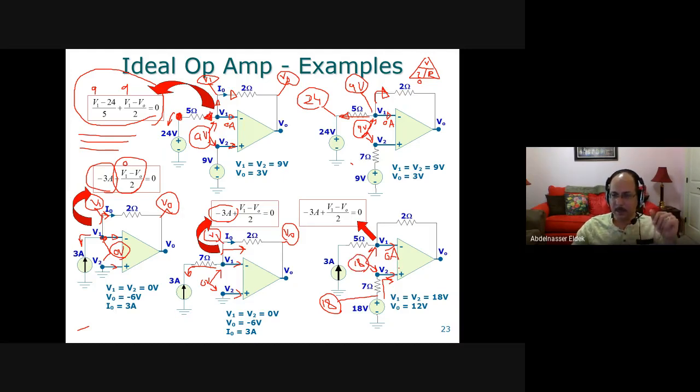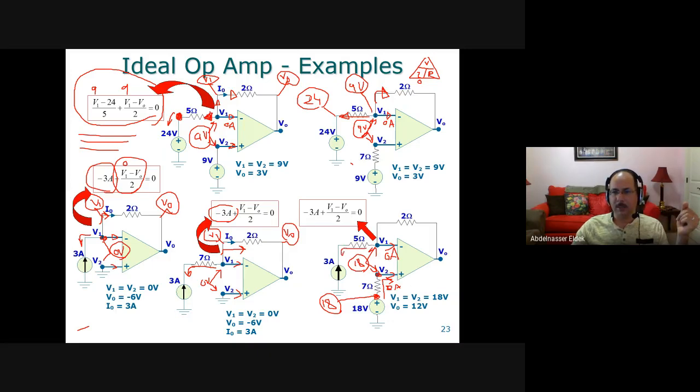Why again? Because this current equals 0 ampere. So if you have 0 ampere times 7, it will be 0 volt. So this point and this point will have the same voltage. There is no difference. This one is 18. This one is also 18. Then you apply nodal analysis at the input.